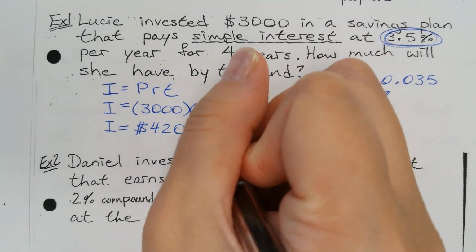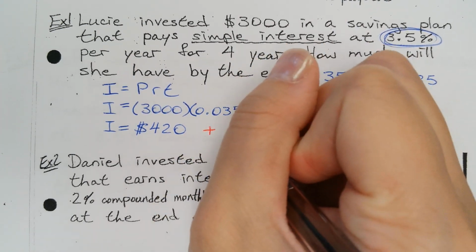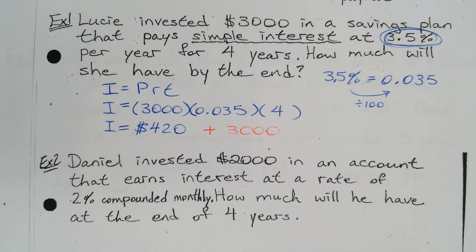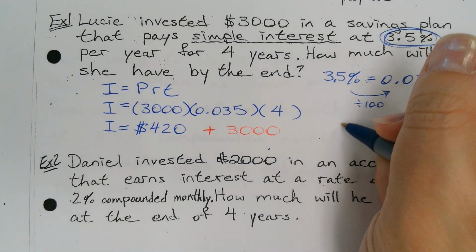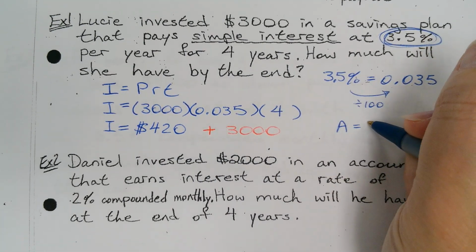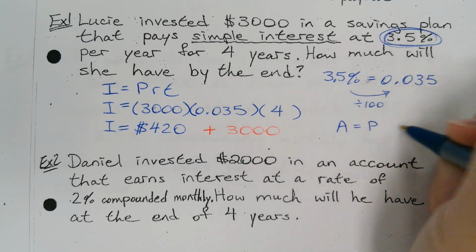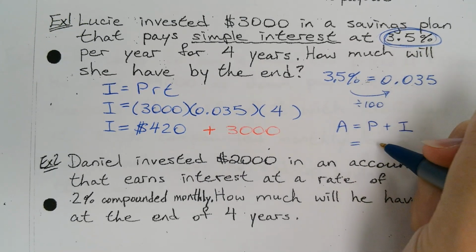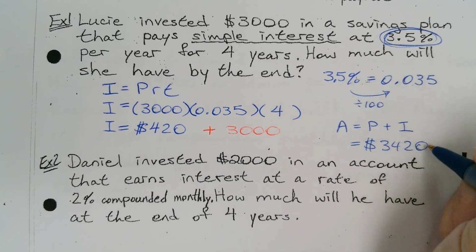Add them together. Add the 3,000. That was yours originally. It was in the bank account. So don't forget to add it on. The amount at the end is your principal plus your interest. So it's going to be $3,420.